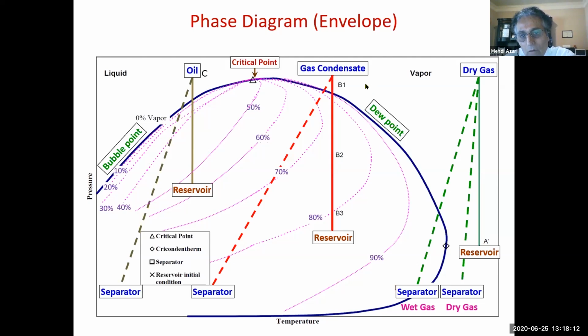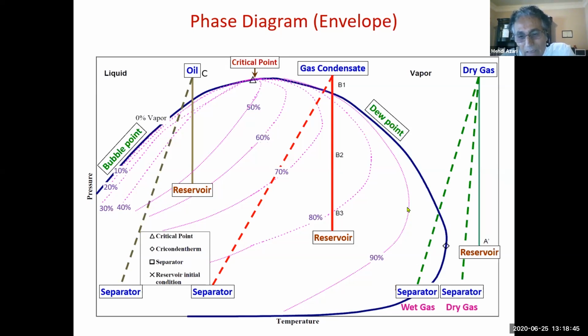Now, if the point is this gas condensate being here, and then just follow my mouse, if my gas condensate is somewhere here, it comes down, pressure drops down to the dew point, and then the first drop of liquid appears. If you drop it more and more, all the way here, I get to 100% gas, to maybe 98% gas, and then I get to maybe 10% liquid and 90% gas.